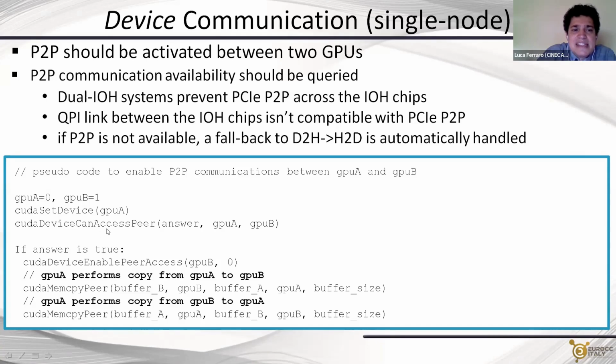Using the CUDA device can access peer API. It will return a Boolean answer, yes or no. If it's yes, great, I have peer-to-peer access to that.